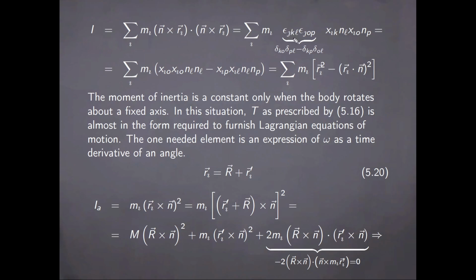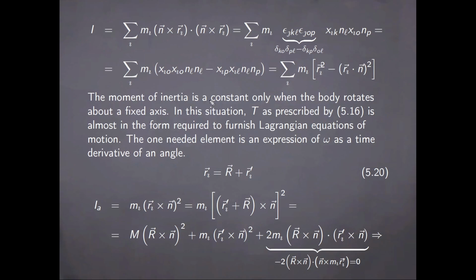And of course we know how to contract two Levi-Civita symbols to obtain the formula here, which we can finally contract into the definition of the moment of inertia that we have developed earlier.